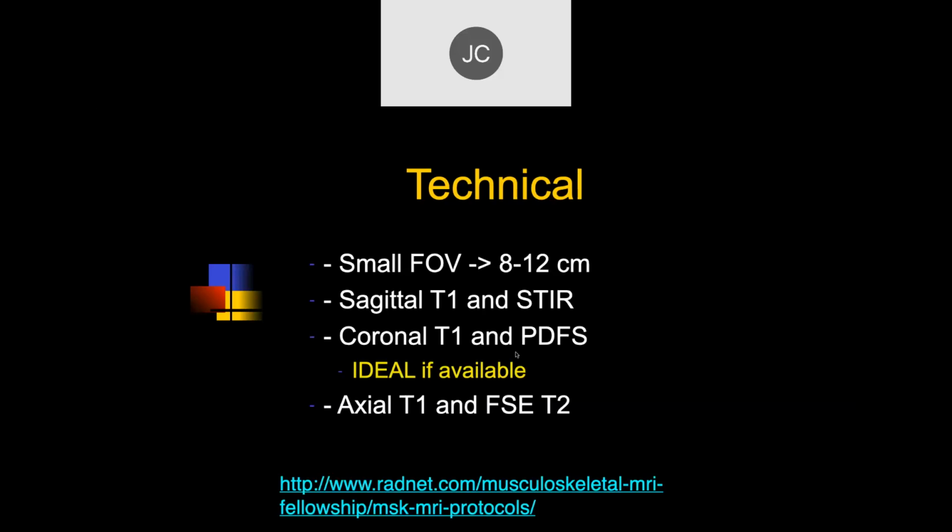In the foot, it's an issue because the short axis view for the long bones of the foot is actually the coronal plane, whereas in the rest of the body, the coronal plane is the long axis of the long bones. So that can be a little bit confusing, and a lot of radiologists will call the anatomically correct coronal plane the axial plane, which can be very confusing.